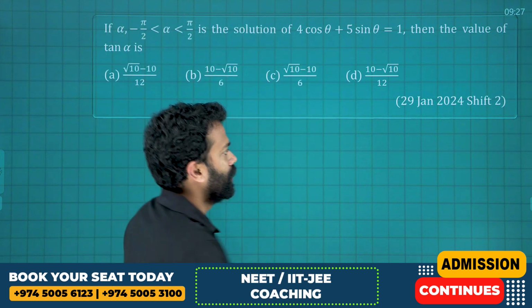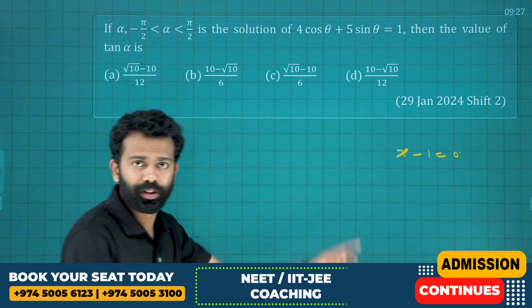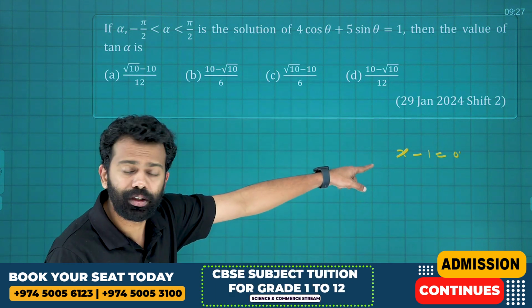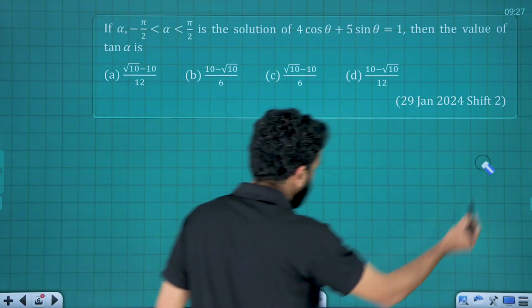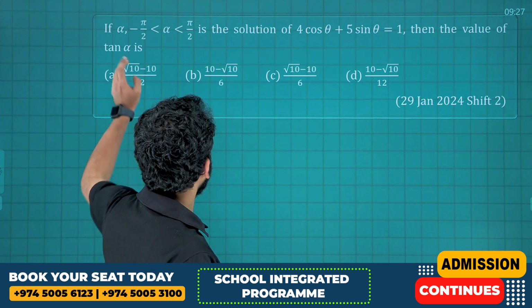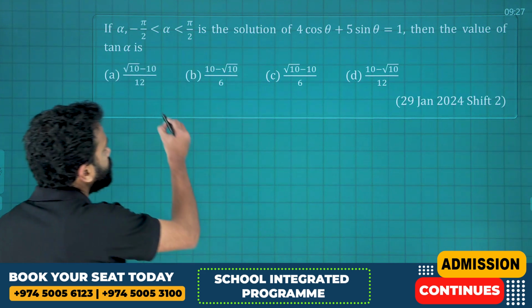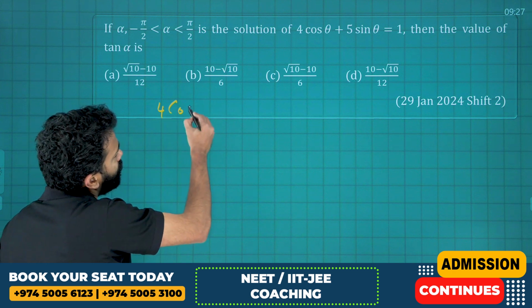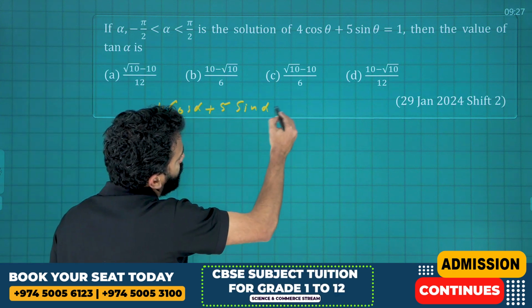See, x minus 1 is equal to 0, 1 is the solution of that equation. If you substitute 1 in that equation, it should satisfy. Like that, if you substitute alpha for theta, it should satisfy that equation. Therefore, just substitute alpha in that equation and you will get 4 cos alpha plus 5 sin alpha is equal to 1.